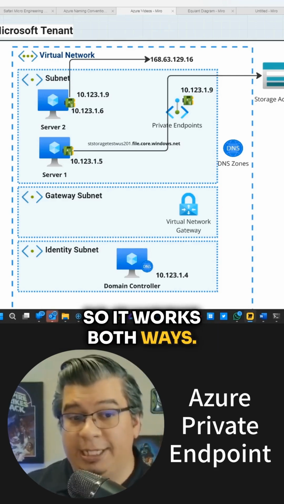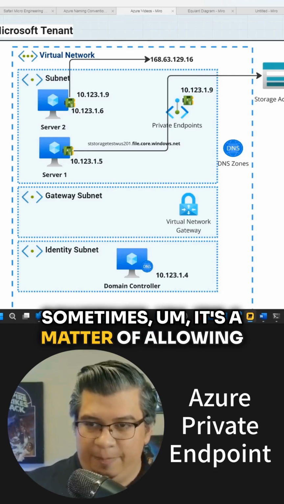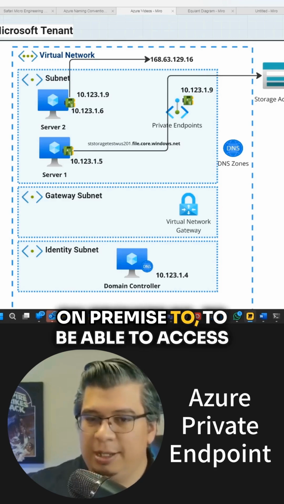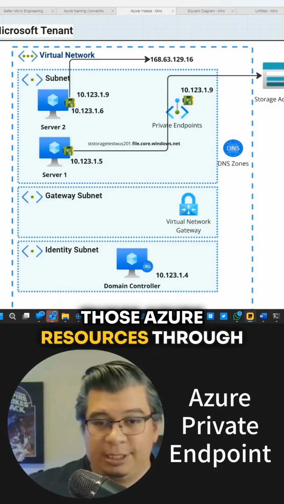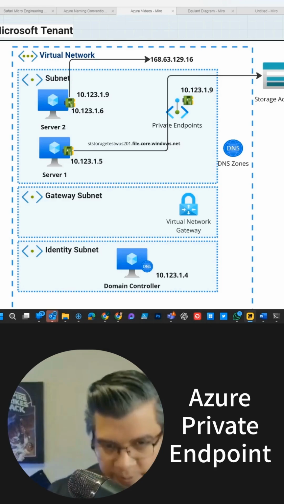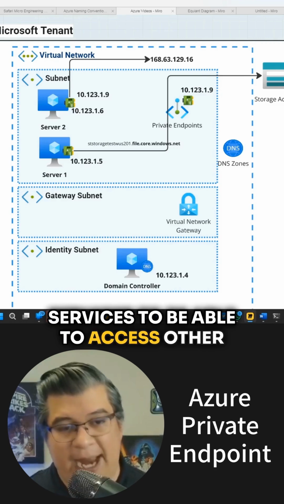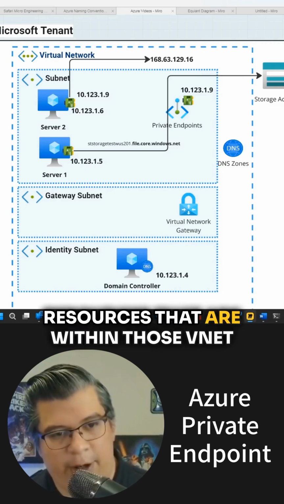So it works both ways. Sometimes it's a matter of allowing your resources on network or on premise to be able to access those Azure resources through that private network, or allowing those services to be able to access other resources that are within those VNets as well.